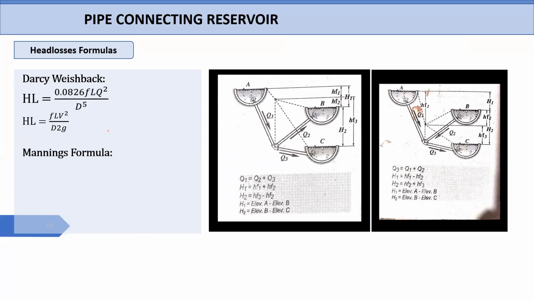For Manning's, HL is equal to 10.29 n squared L Q squared over D to the power of 16/3. And Hazen-Williams is equal to 10.67 L Q to the power of 1.85 over C to the power of 1.85 times D to the power of 4.87.